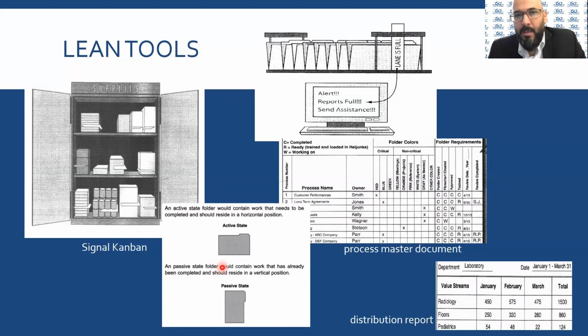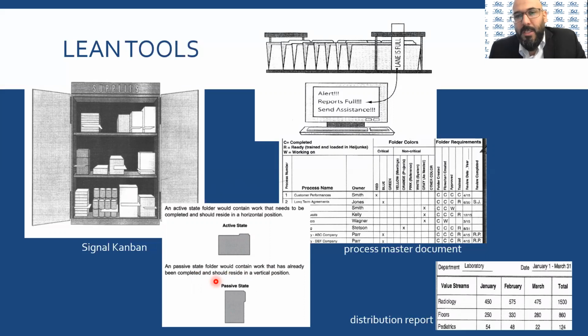You're still working on that. An active status folder would contain work that needs to be completed and should reside in a horizontal position. Passive status, if you're done with that, should be placed vertically. A passive status folder would contain work that has already been completed and should reside in a vertical position.